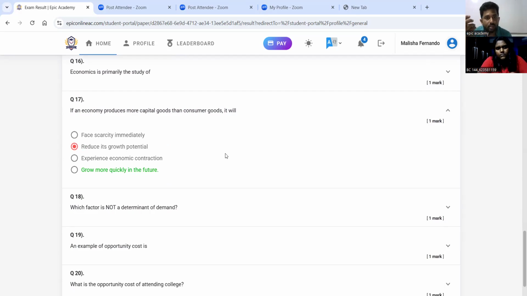Consumer goods mean day-to-day consumption commodities. If any country tries to produce more and more capital goods, future demand can happen, growth can happen. The answer must be the fourth one: grow more quickly in the future.